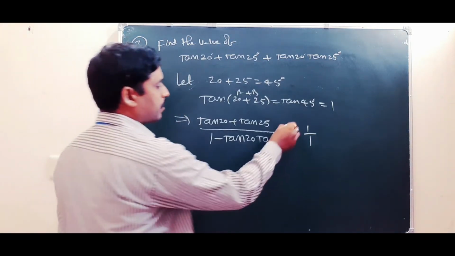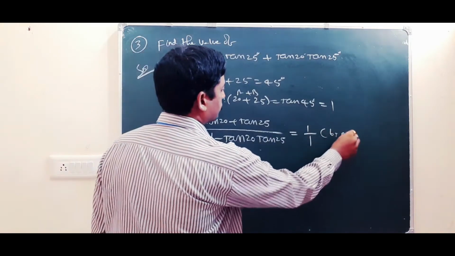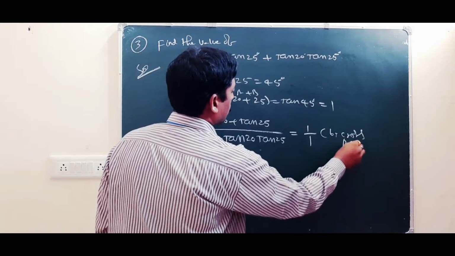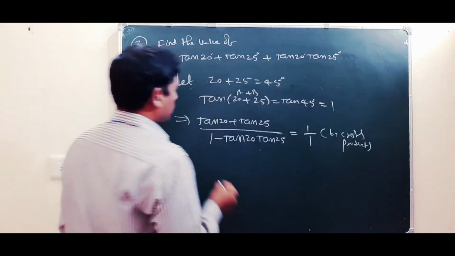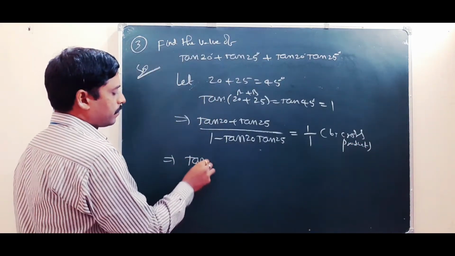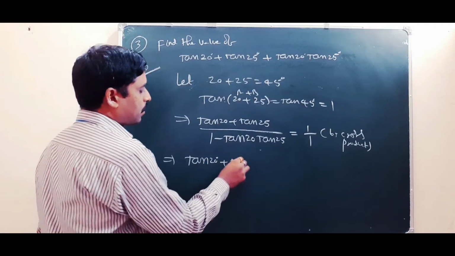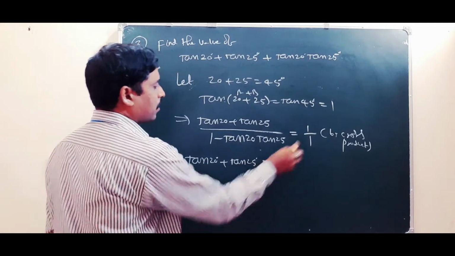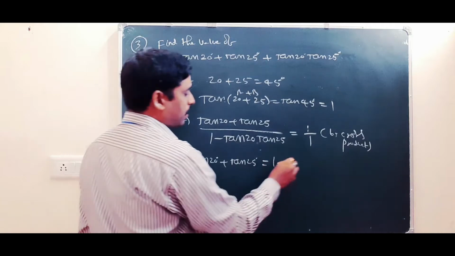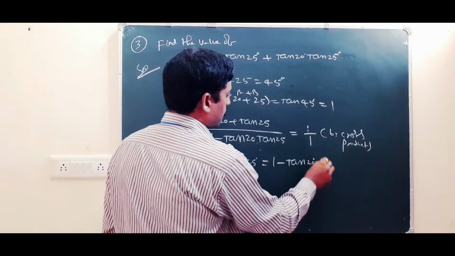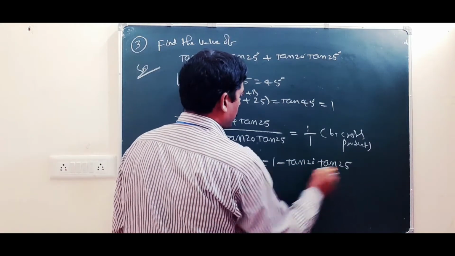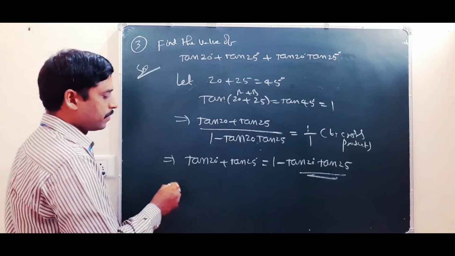Okay, let us do cross multiplication. So this value will be tan 20 plus tan 25 equal to 1 times of (1 minus tan 20 into tan 25). This negative value, bring to the left side.